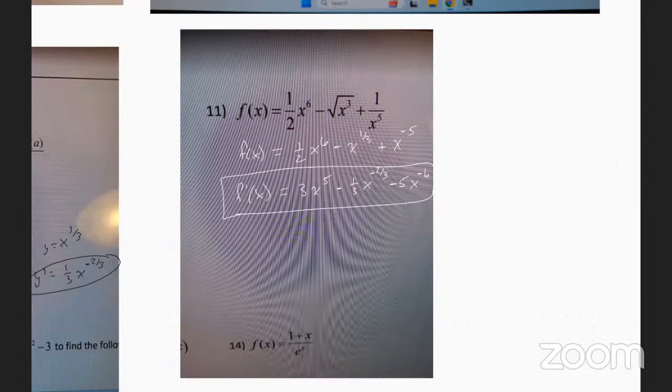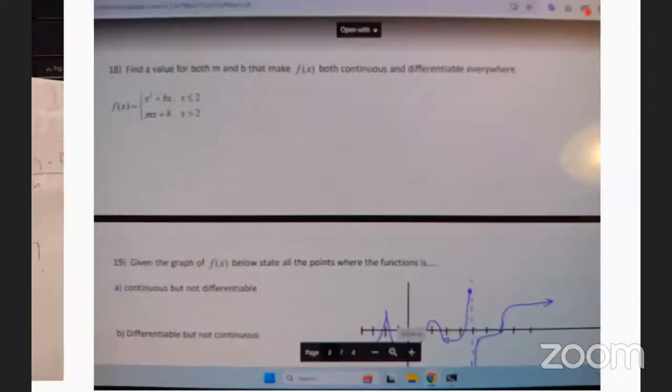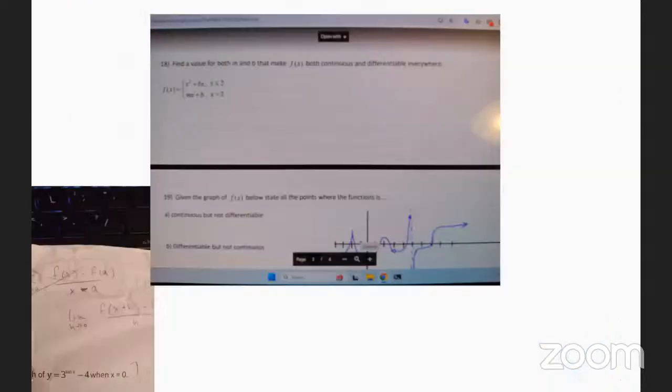For 18, find the value of both m and b that make it continuous and differentiable. So we've done these before, you remember? For it to be continuous, these would have to be equal to each other.